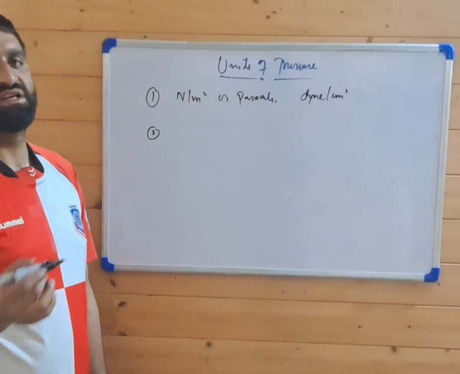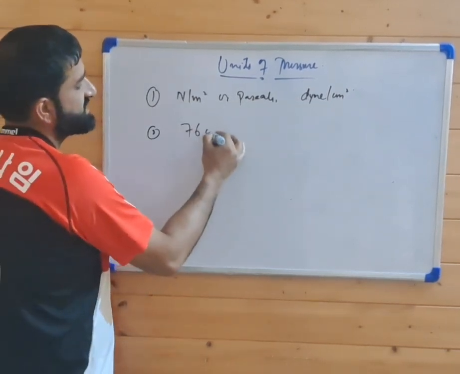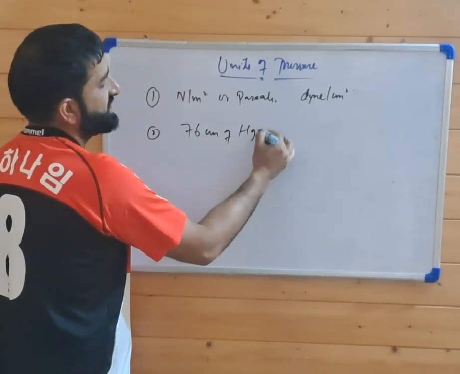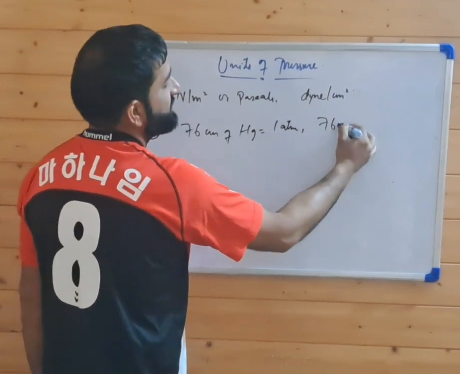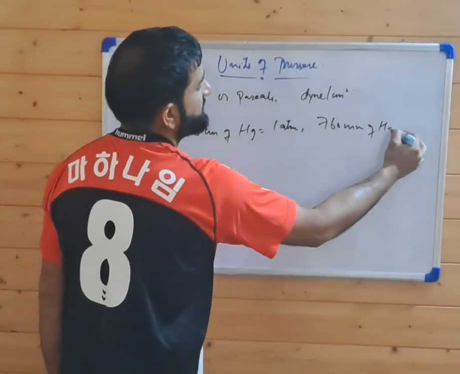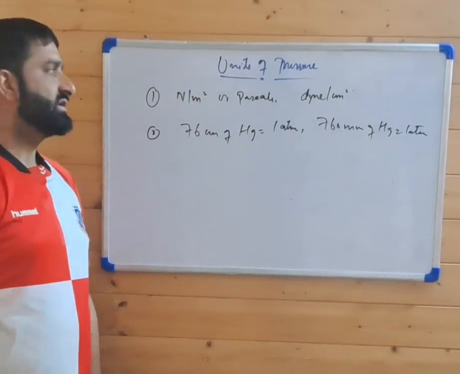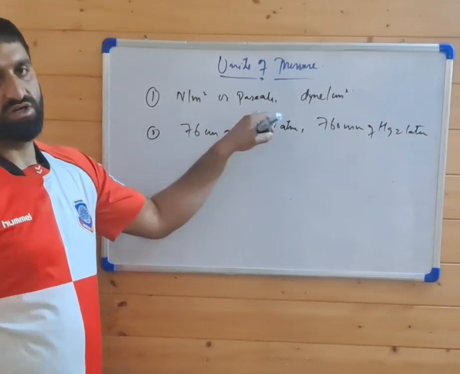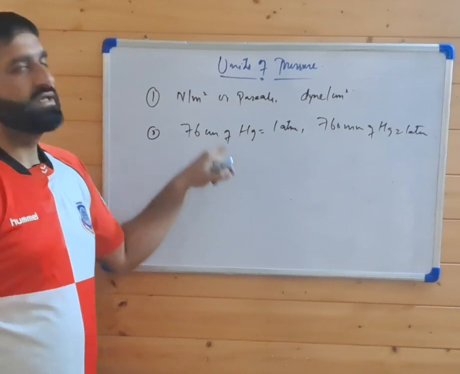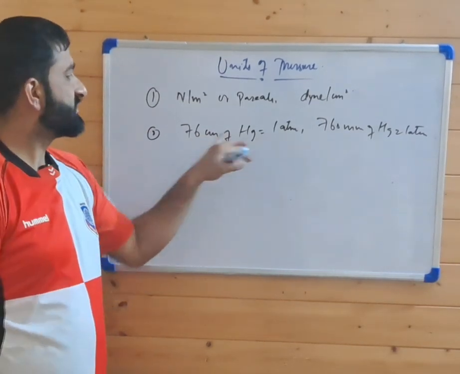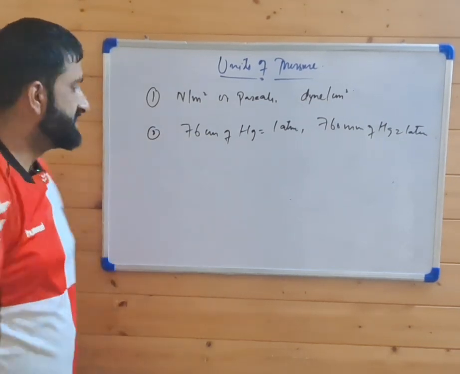Second, pressure is measured in the height of the mercury column, that is 76 centimeters of Hg is equal to 1 atmosphere, or 760 millimeters of Hg is also equal to 1 atmosphere.